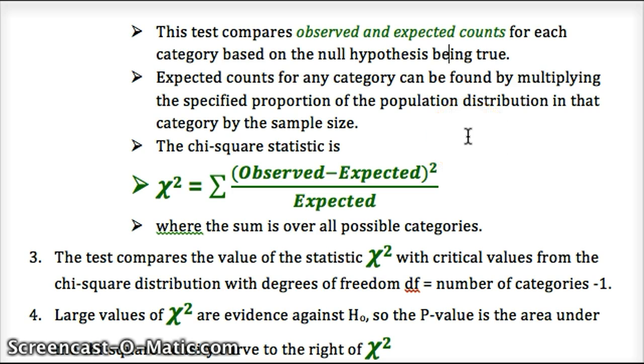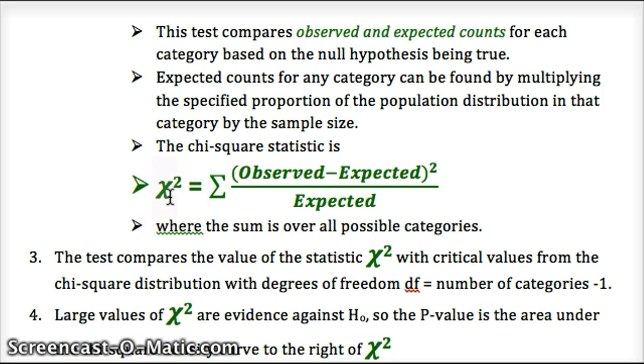So if we're talking about candies, as I did before, you would do that for the observed red minus the expected red, squared, over the expected red. Then you'd go on and do the same thing for orange candies, the observed orange minus the expected orange, squared, over the expected orange, and add those numbers up for each category. That would be your chi-square statistic, the sum over all possible categories.